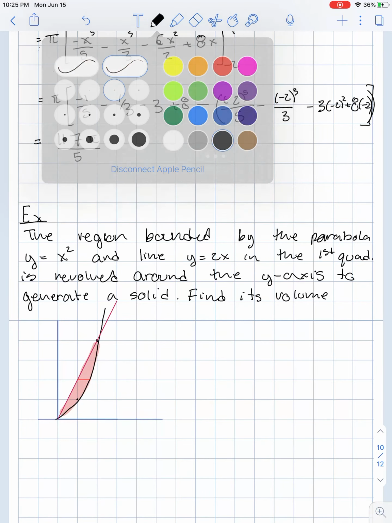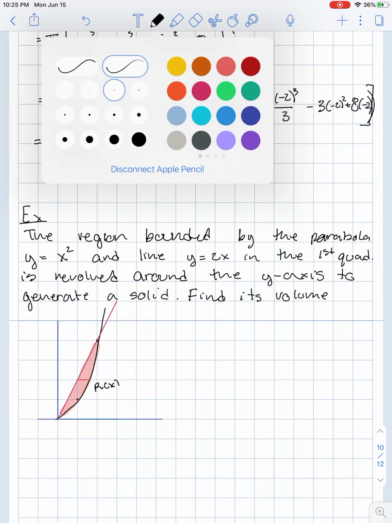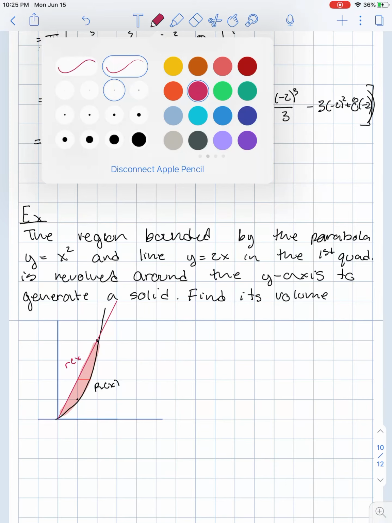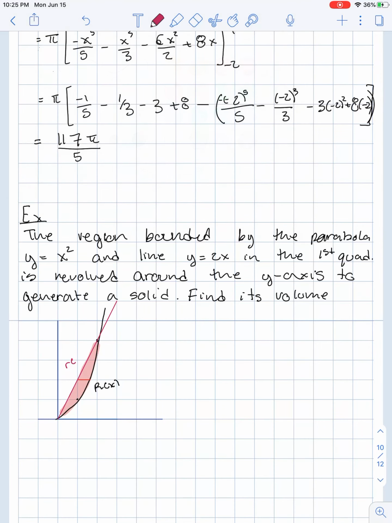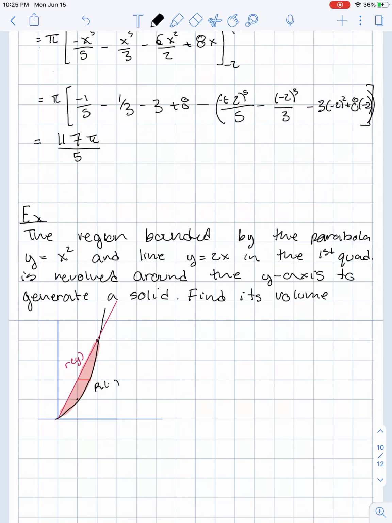My farther away radius minus my inner radius. I think I called it this one, because outer and inner, I can interchange that if I'm talking about x and y. I called them r of x and little r of x, but I really should be calling them r of y. So little r of y and big R of y, because we're rotating around the y-axis, so that means everything needs to be in terms of y, which isn't too bad.